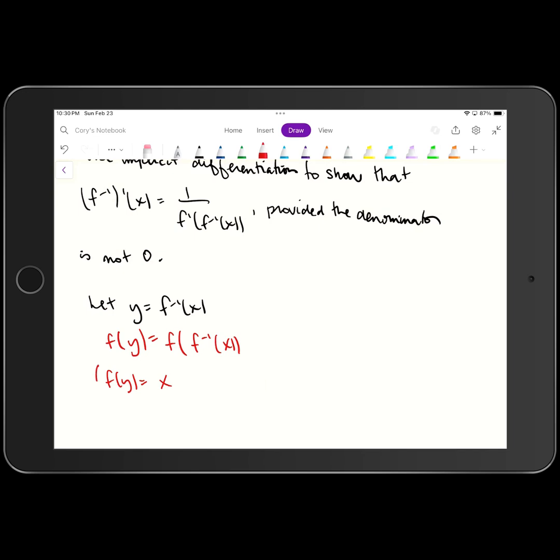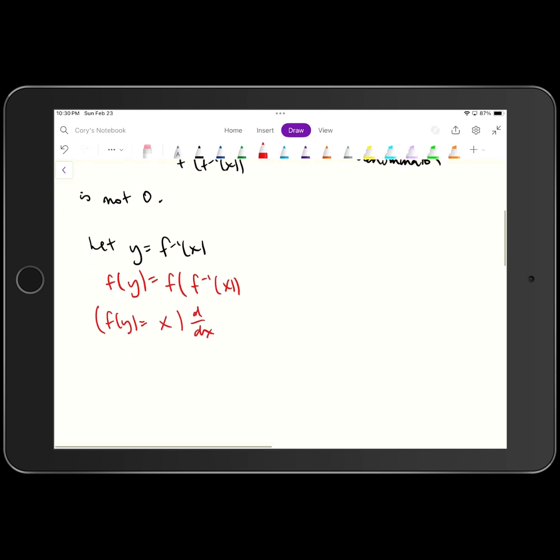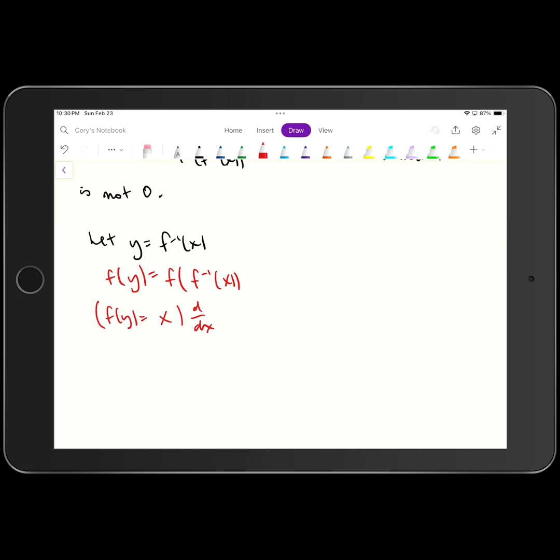And once we have this, now we have this written in a form where we can take the derivative with respect to x implicitly on both sides of this equation. Okay, so when we take the derivative with respect to x on the left-hand side, using chain rule, that's the derivative of the outer function f prime.